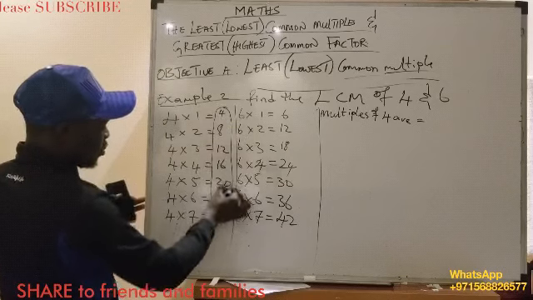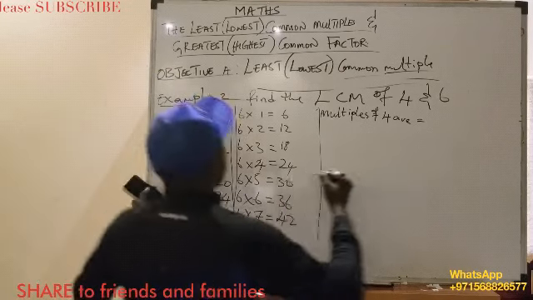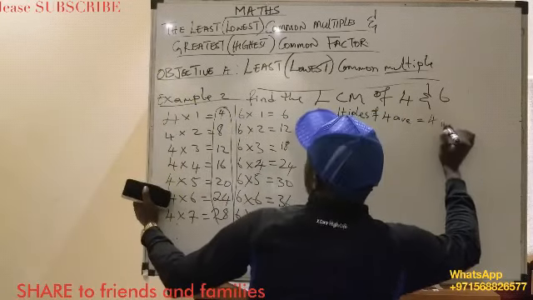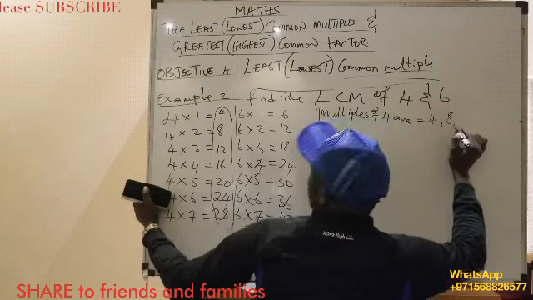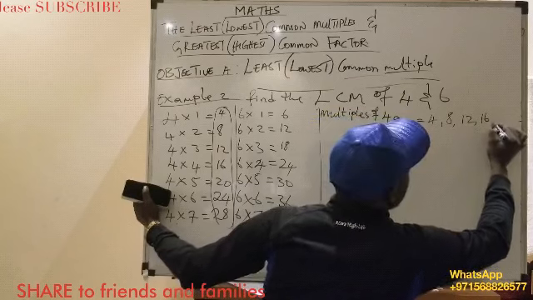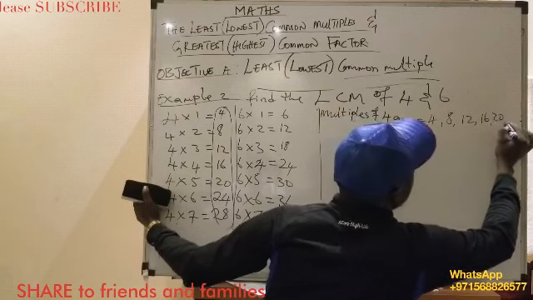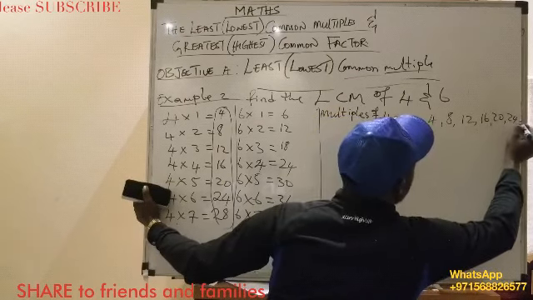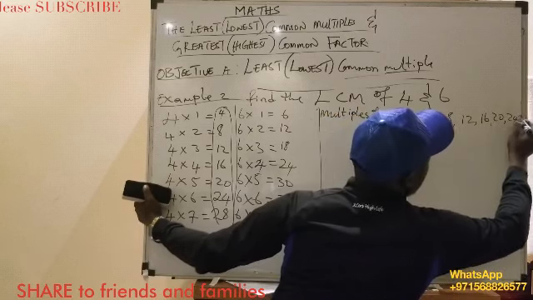They are the multiples of 4. That is 4, 8, 12, 16, 20, 24, and 28.